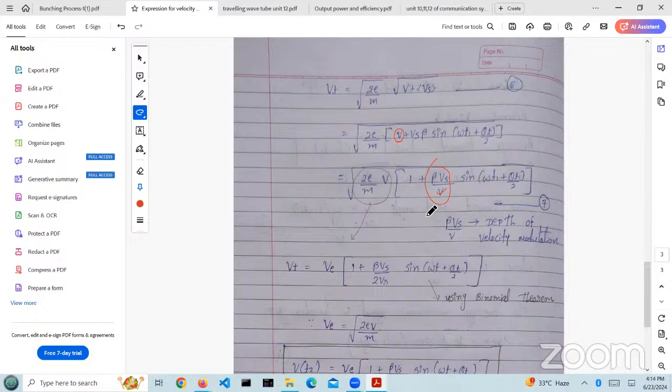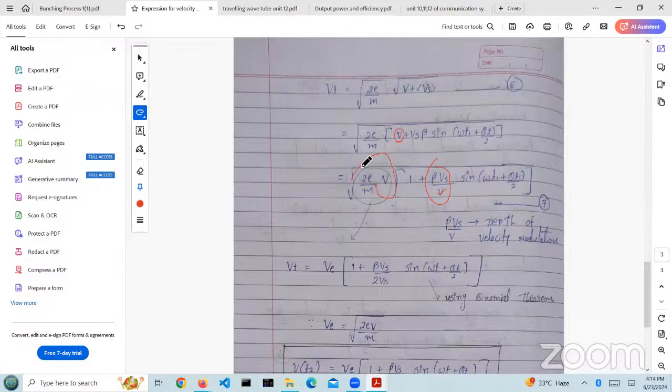Something is wasted here; I will cross check. Next, we are putting 2EV by M. What is VE?